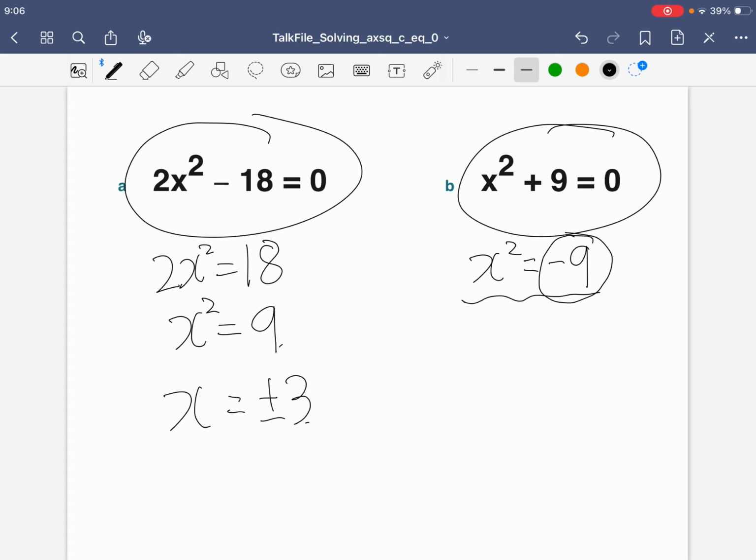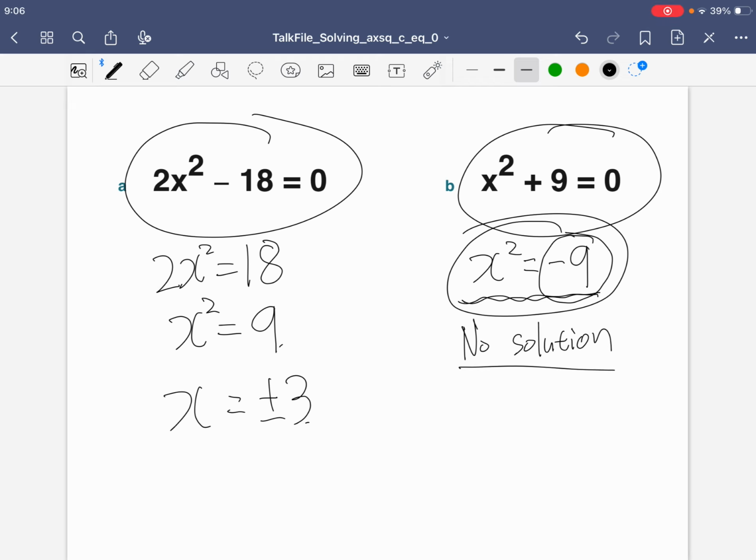So this equation doesn't really make sense because we can't find any values that satisfy it. So that's why this is just no solution. We can't find the value of x.